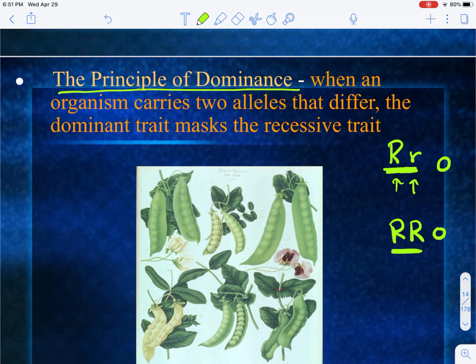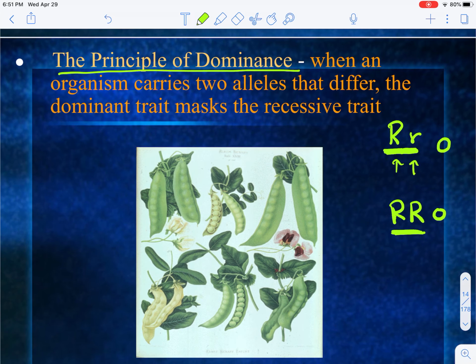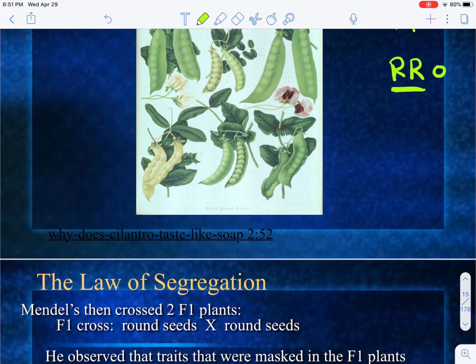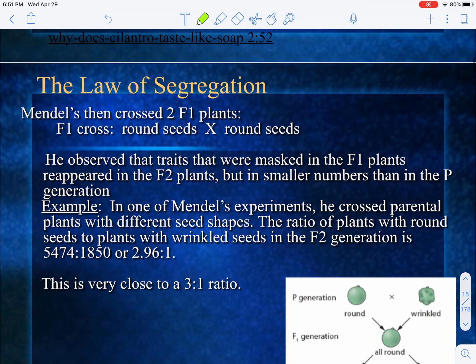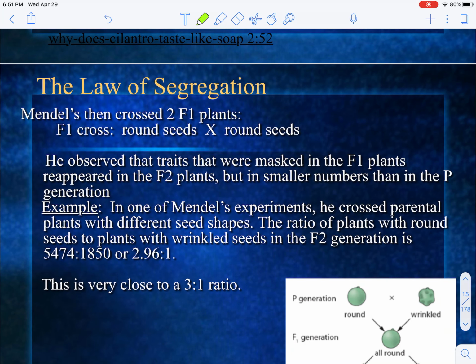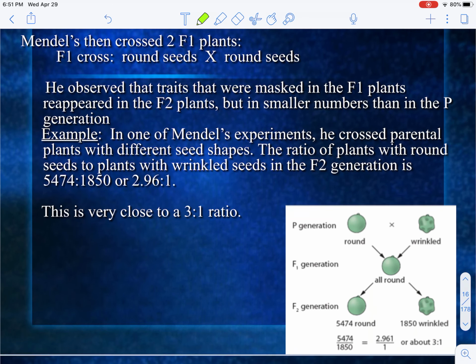And so by just looking at a seed, you could not tell its genetic makeup as to whether it's hiding or masking that recessive and it's got one of each and it's heterozygous, or if it's homozygous dominant. So just by looking at it, you could not tell. You'd have to do some crosses with that plant to be able to determine what its genetic makeup is.